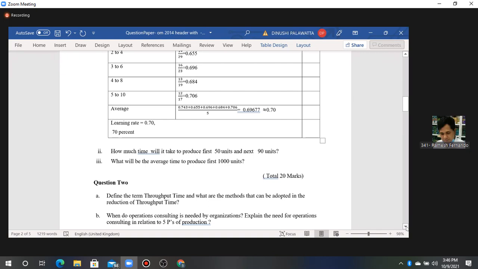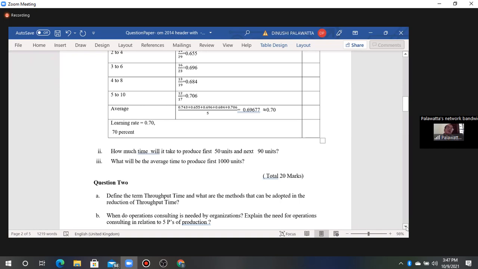Excuse me, sir, why didn't we consider 2 to 3? You see, the learning curve is defined as every time you double the output, the time will be improved by the learning rate. So 2 to 3, you don't get a doubling situation.